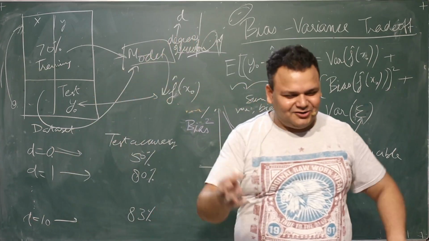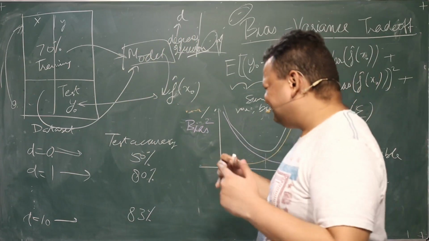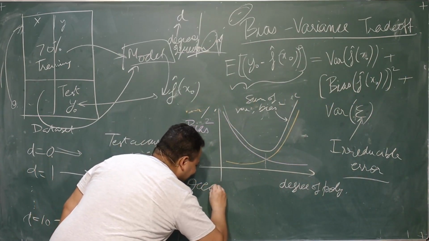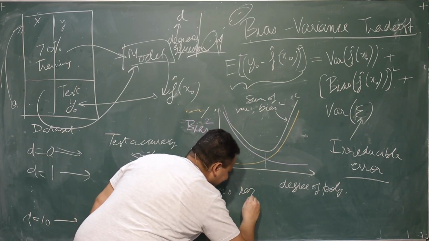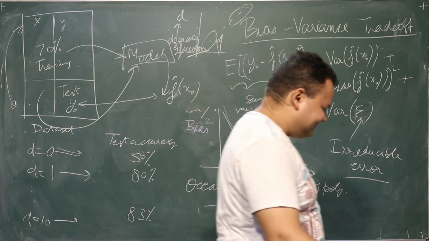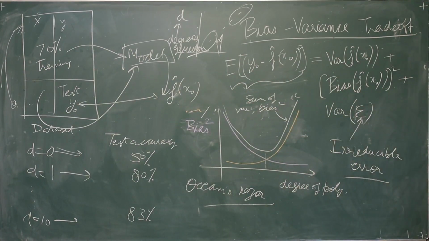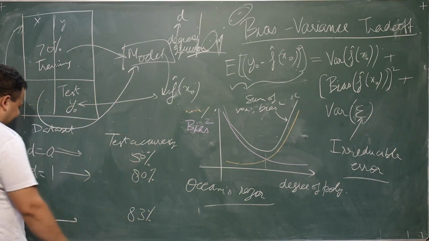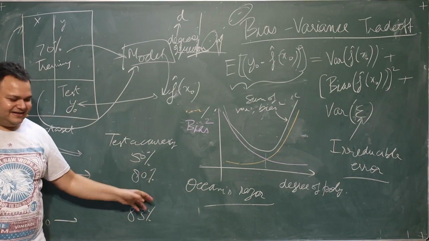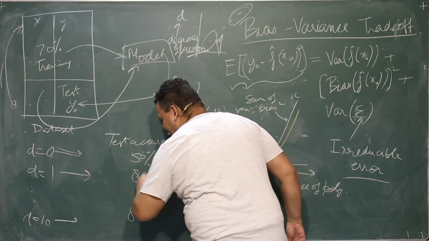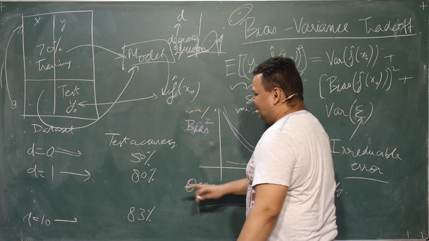Again we go back and again to Occam's razor. What did Occam say? The philosopher Occam. Easy is the best. The simplest is usually the best model. So let us say D equal to 2 is 81% and so on and so forth. You see that between D equal to 1 and D equal to 10, what is happening?